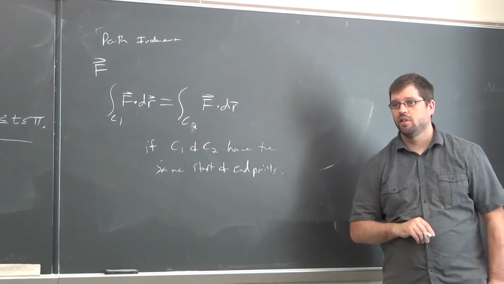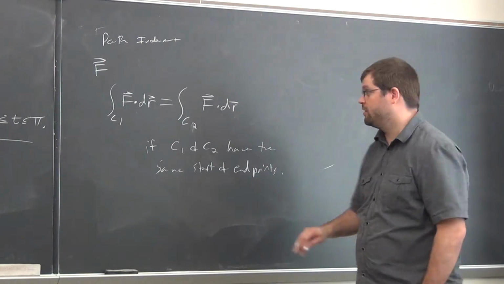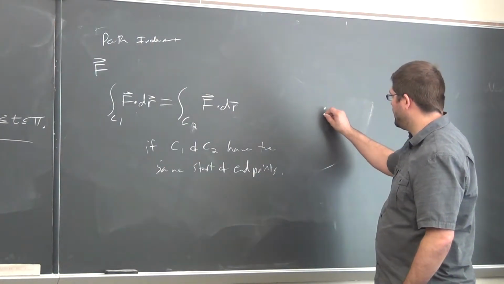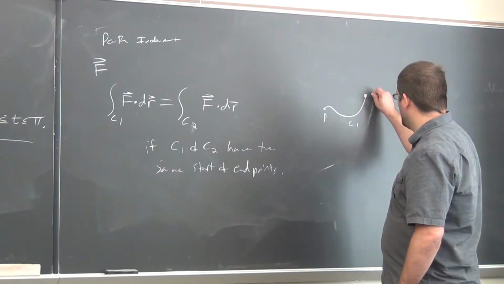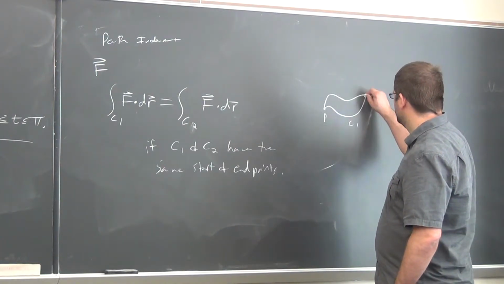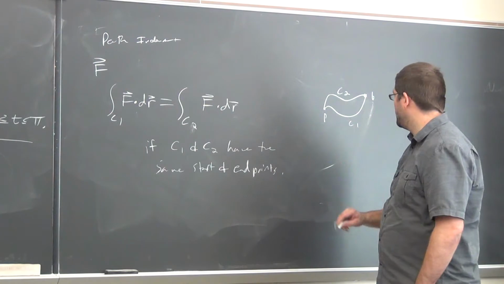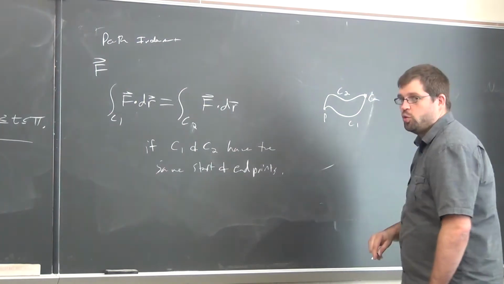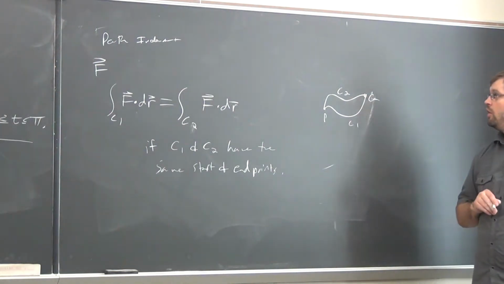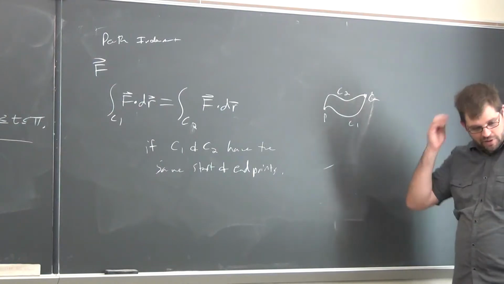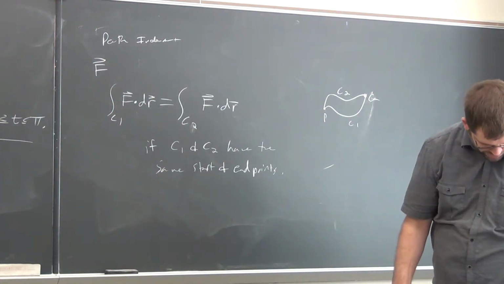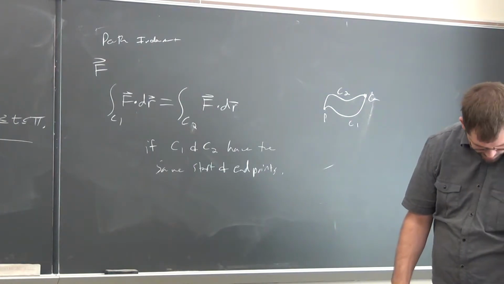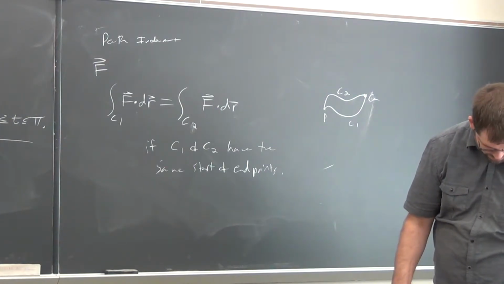Does that make sense? Being path independent means that if you start at some point here, P, and you take C1 and you end up at Q, and you take C2 and you also end up at Q. A vector field is said to be path independent if this is always true. It doesn't matter what path you take to get there.